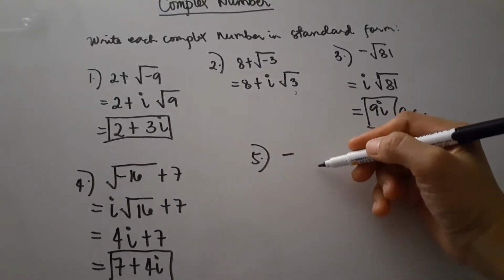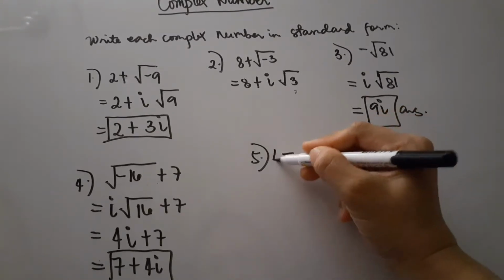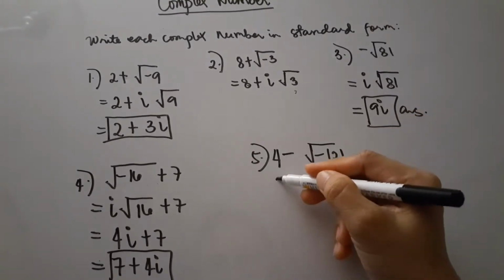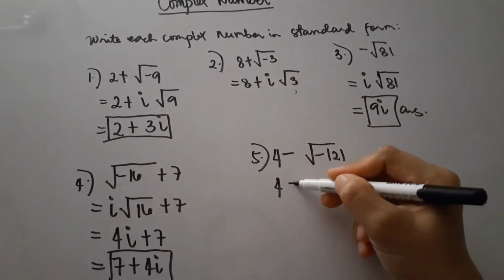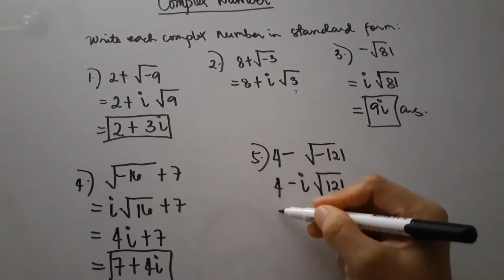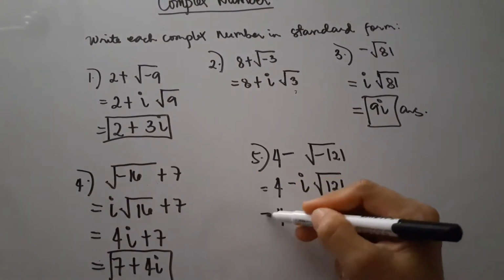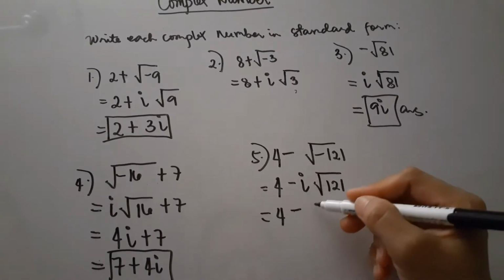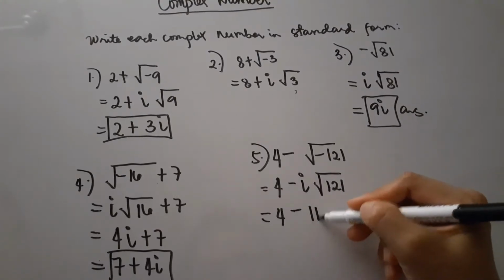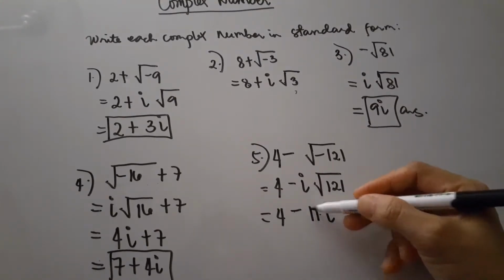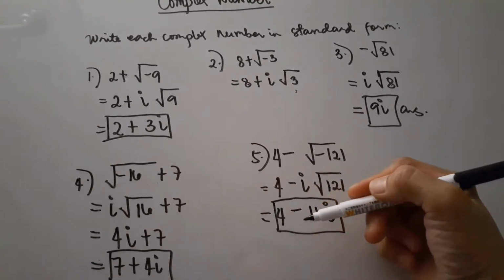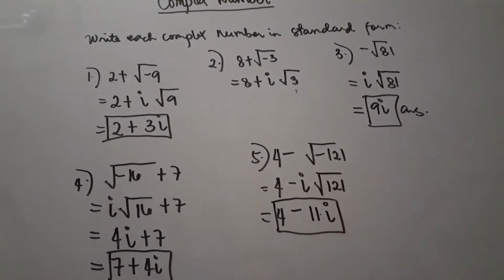And then let's have another example, number 5, which is 4 minus the square root of negative 121. That is 4 minus i, which represents the negative, times the square root of 121, which is 11. We write the standard form with the number first before the imaginary number, so it is 4 minus 11i, and this is the answer.